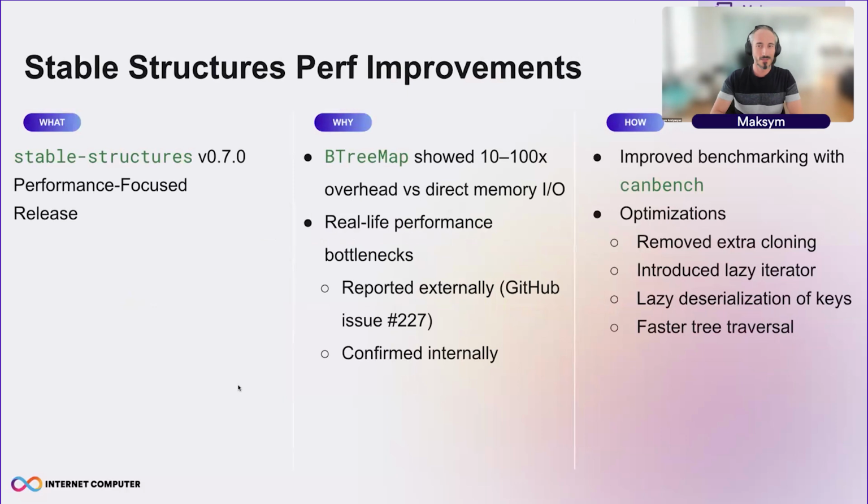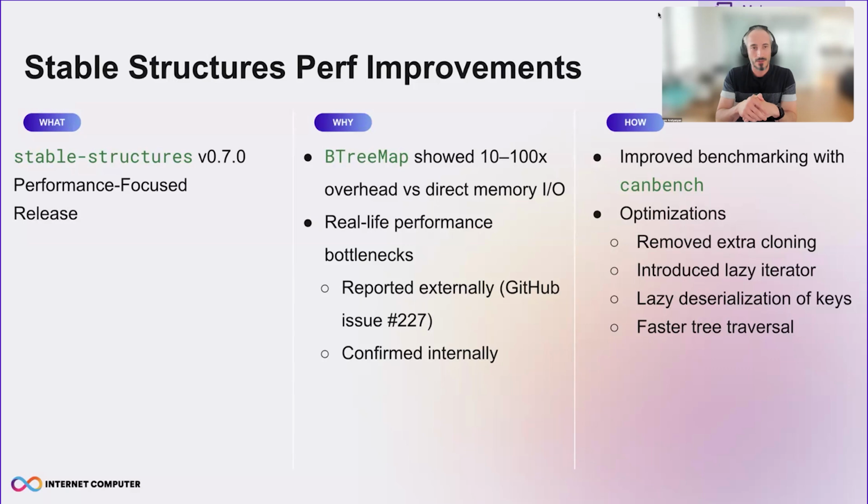My name is Maxim, and today I'm happy to announce that we got a new stable structure release, which is mostly a performance-focused release, and this is version 0.7. So the goal for this release was clear. BTreeMap, one of the core stable structures, previously showed from 10 to 100 times overhead versus direct memory access.